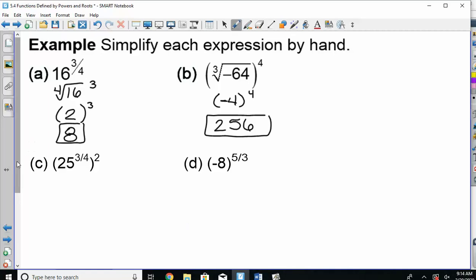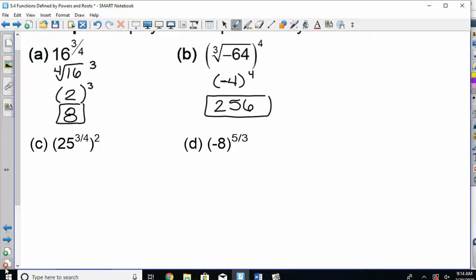All right, C. Let's rewrite this one for a minute. We know exponent rules. It doesn't change anything if they're fractions. If you have a power to a power, what do you do with those exponents? Multiply. So 3/4 times 2, 3/2.